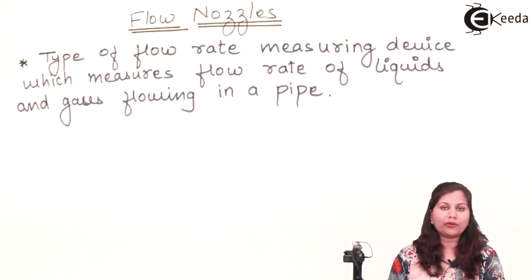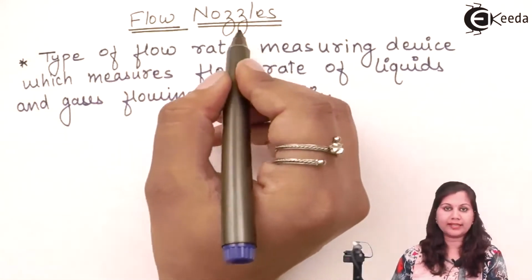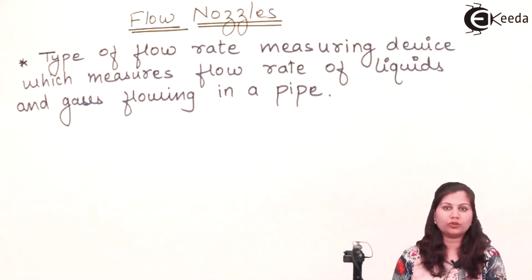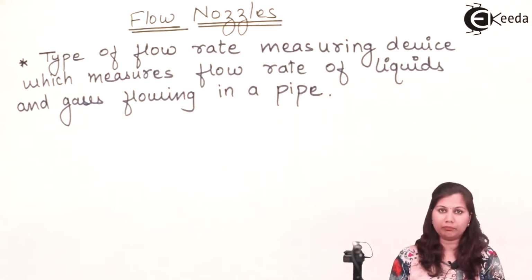So flow rate of both liquids and gases can be measured with the help of flow nozzles. Now flow nozzles come under the category of devices which are known as obstruction meters. The other flow rate measuring devices like orifice plates and venturi meter are also a type of obstruction meter, and flow nozzle is also a type of obstruction meter.